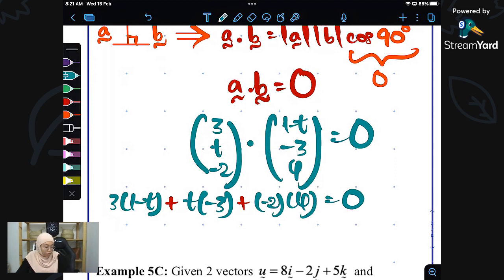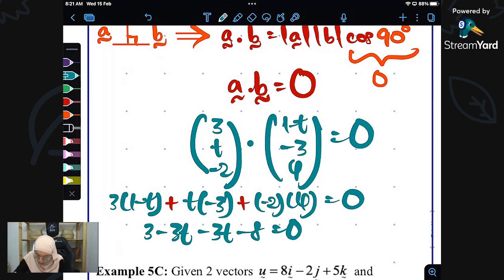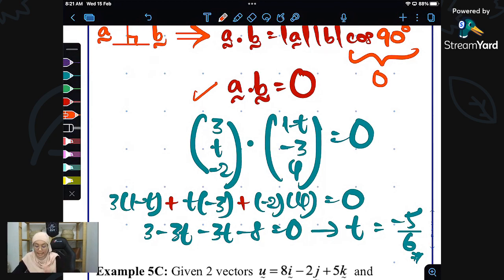So in the end, you solved it, you will get 3 minus 3t minus 3t minus 8 equal to 0. And eventually you will get t bersamaan dengan negative 5/6. That's it. Okay, so settle bahagian perpendicular 90 degree.